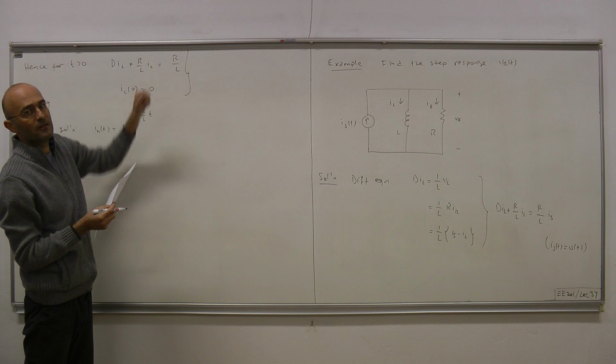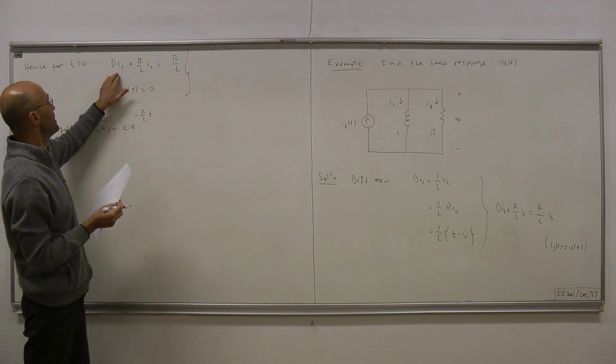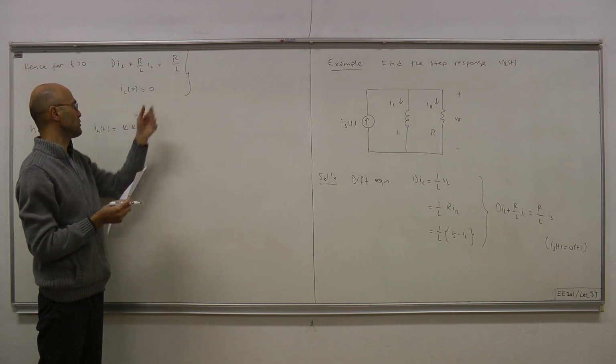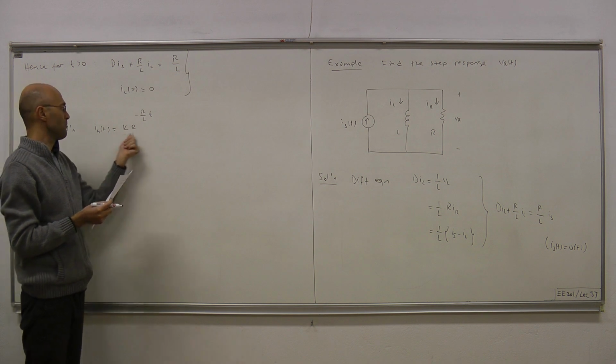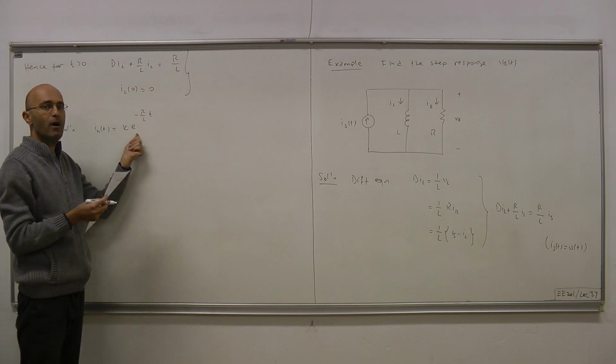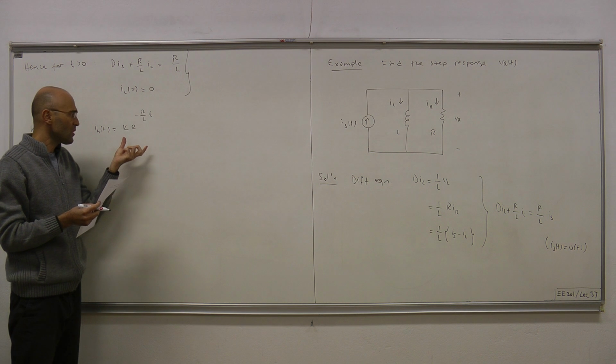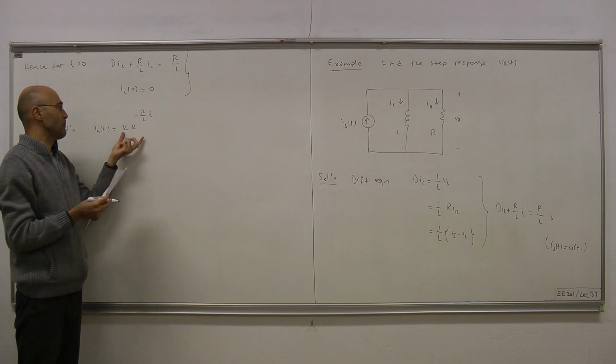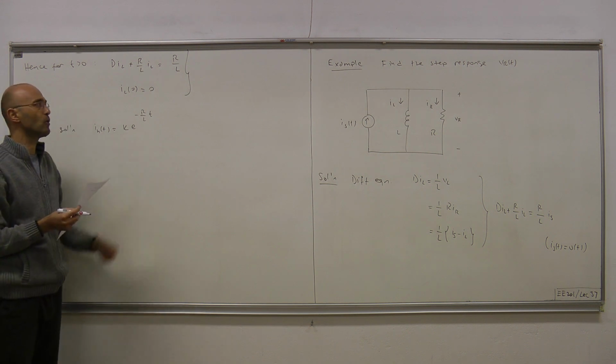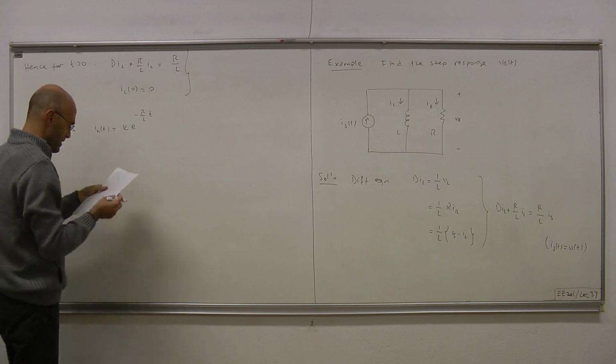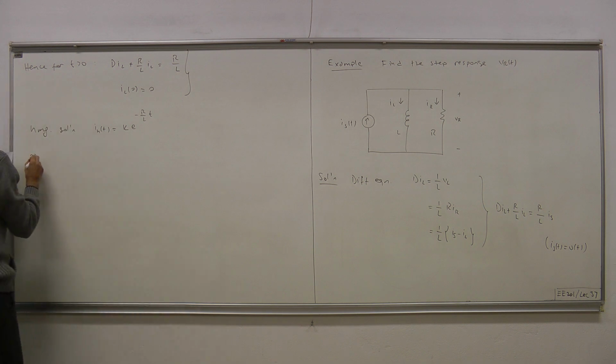That is, you set the right hand side to 0, and you have dIL/dt plus R over L times IL equals 0, and that equation is satisfied by this family of solutions, okay, for all K. And then particular solution.